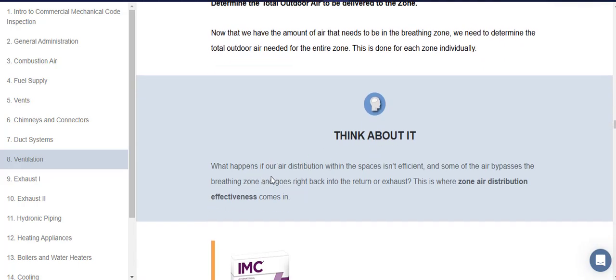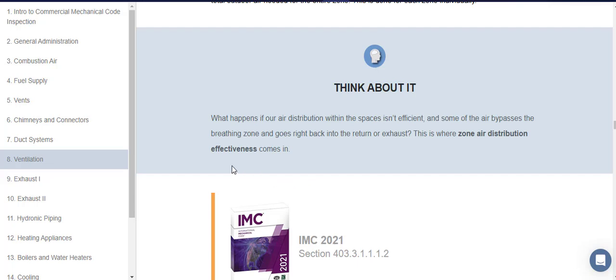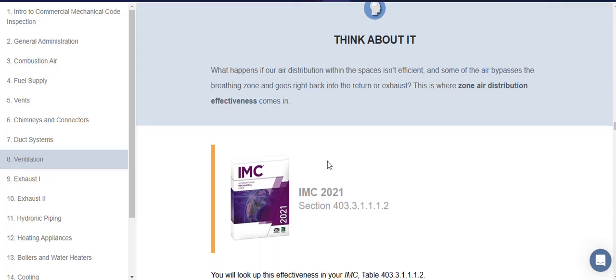Think about it. What happens if our air distribution within the space isn't efficient and some of the air bypasses the breathing zone and goes right back into the return or exhaust? This is where zone air distribution effectiveness comes in.